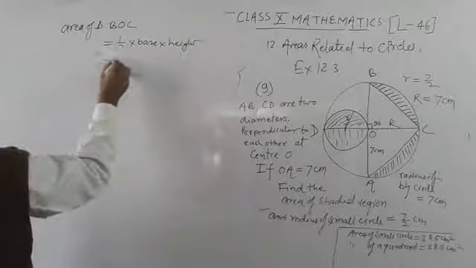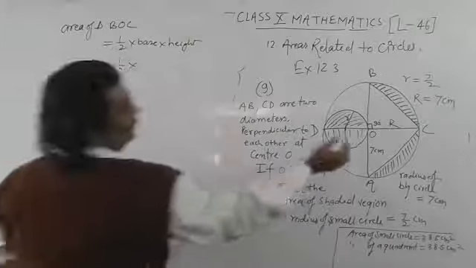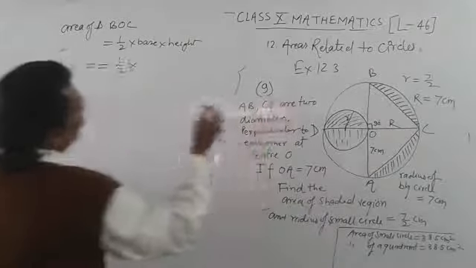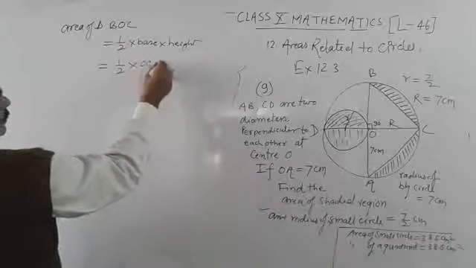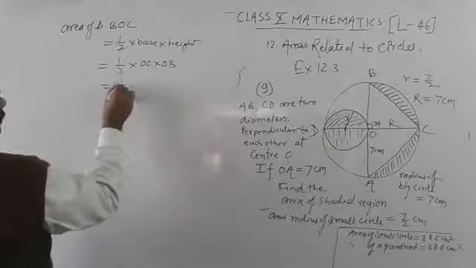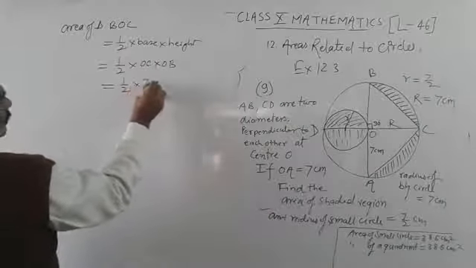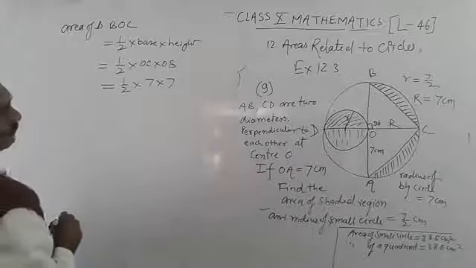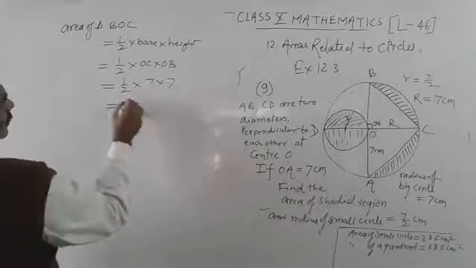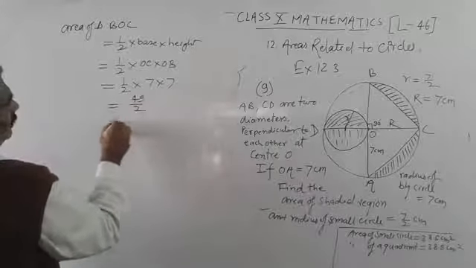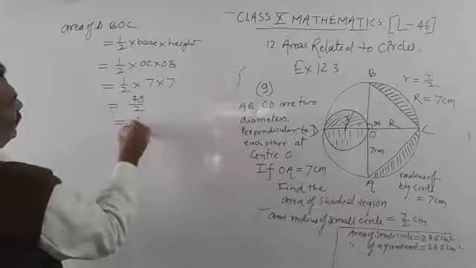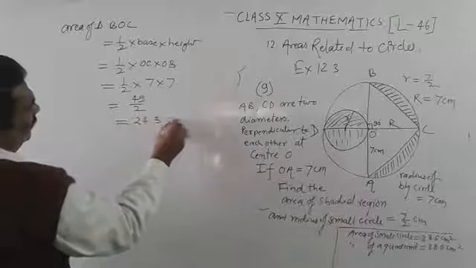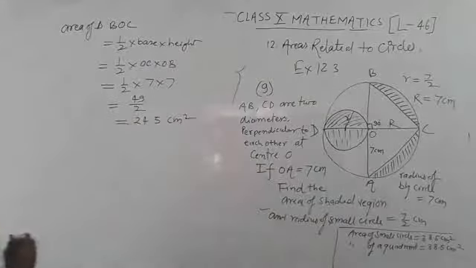For this triangle, base will be OC and height OB. OC into OB, and you know both OC and OB are 7 centimeter each. So now 49/2, that is 24.5 centimeter square. This is the area of the triangle.